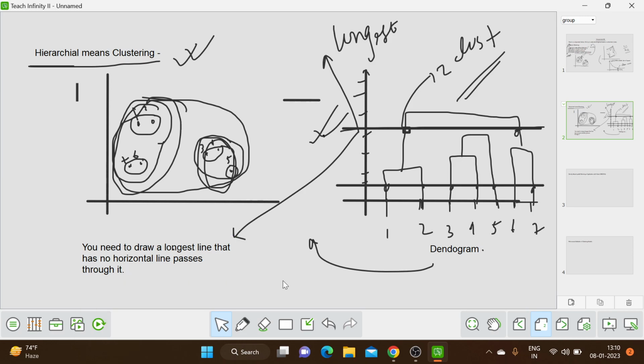So this is the main. The intersecting points give the clusters, the number of clusters. Very important. Intersecting points give the number of clusters. This is called dendrogram.